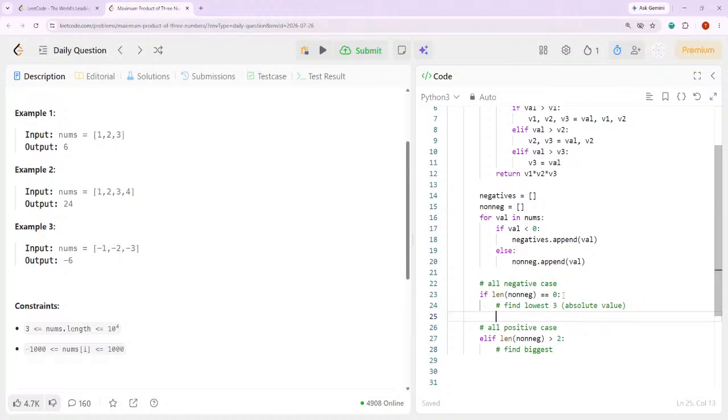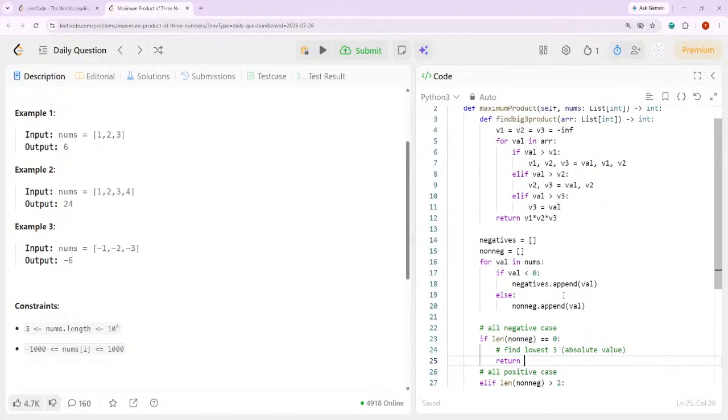If it's all negative, then I'm going to return whatever I get from find big 3 product of the non-negative array, of the negative array, sorry, of the negative array. Non-negative should be plural, non-negatives. Ugh, that sounds so bad. Whatever. Okay.